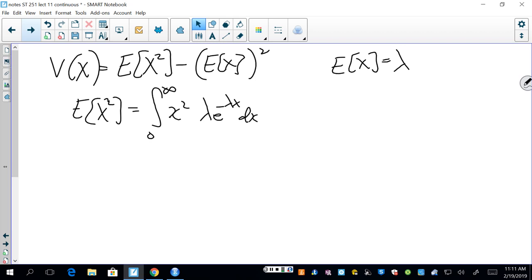You would figure that out by integration by parts twice. We're not going to run through it. It turns out that the variance of x is 1 over lambda squared. So the standard deviation of x is 1 over lambda.